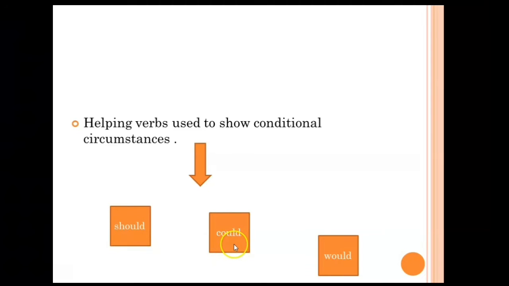Could, I could understand these directions, for example. I wish I could understand these directions. Would, how would you spend your vacation? So these three examples are conditional types of helping verbs.